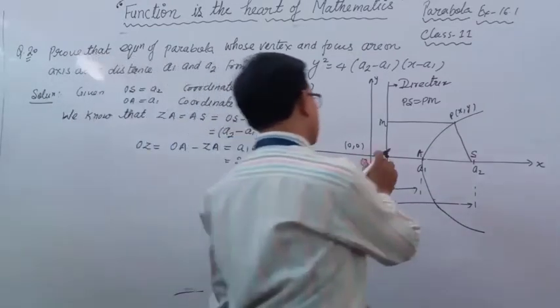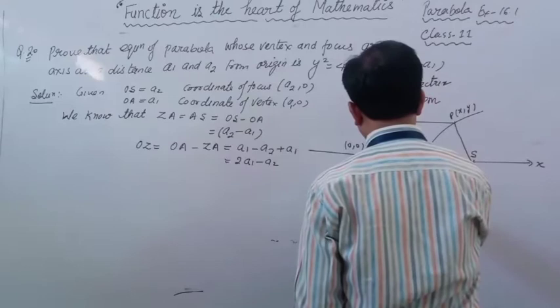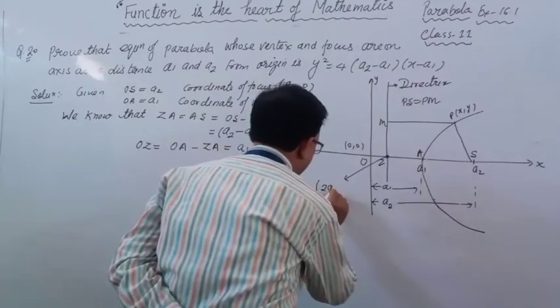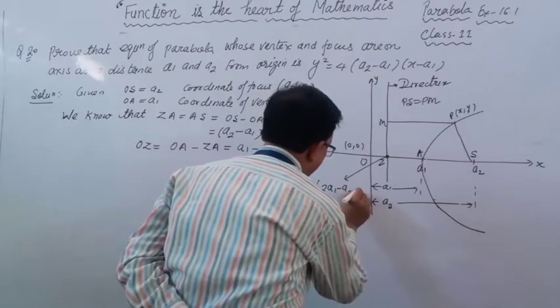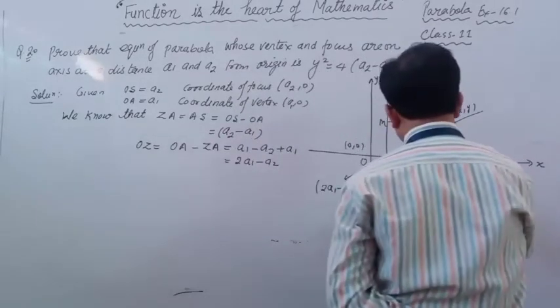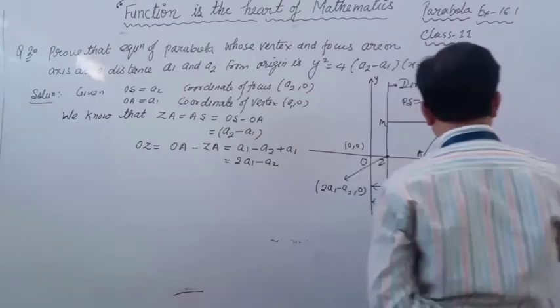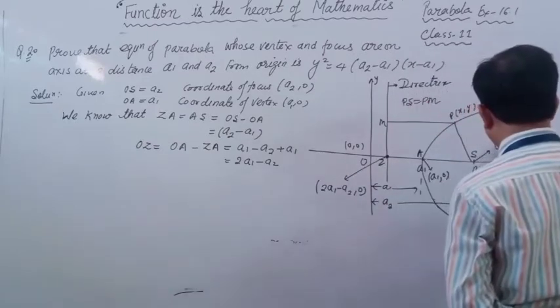The coordinate of this point is (2a1 minus a2, 0), the coordinate of this point is (a1, 0), and the coordinate of this point is (a2, 0).